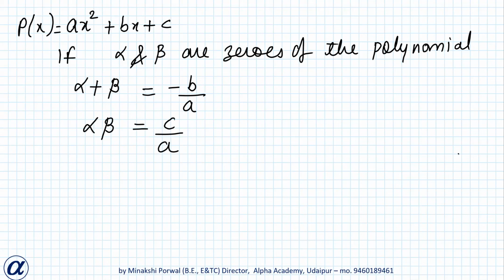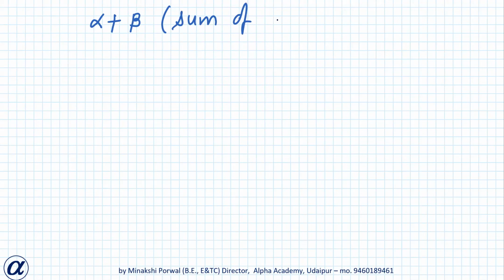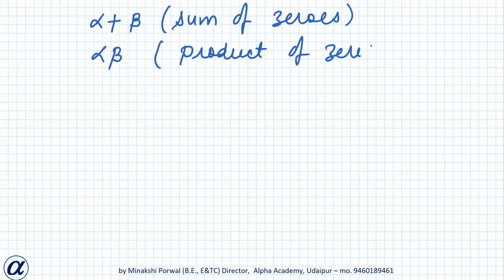So we have done two examples, example 2, example 3, and exercise 2.2 first question. Now the second variety of question which we have to do is, suppose we are given alpha plus beta, that is sum of zeros, and product of zeros, alpha into beta, of a quadratic polynomial, and we have to find the polynomial.